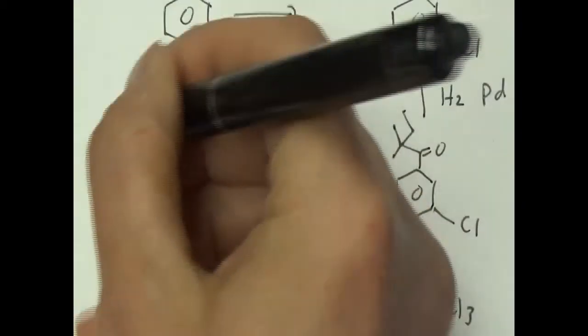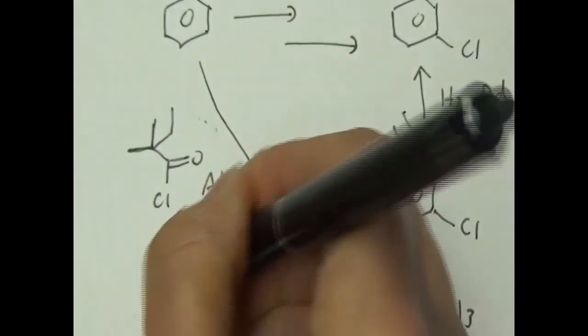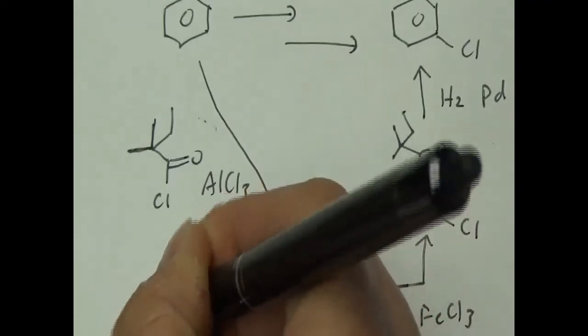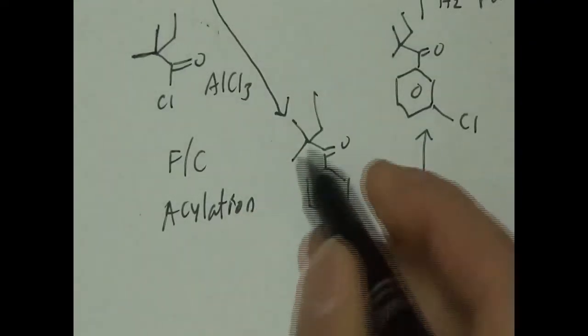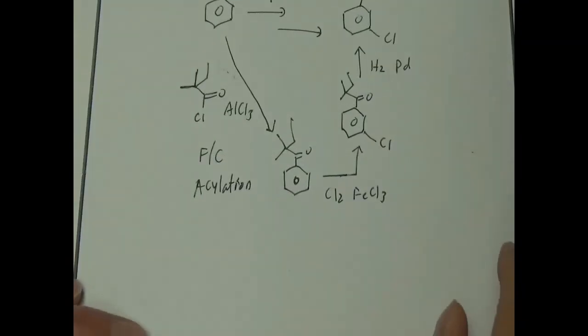Not just that, AlCl3. This is the Friedel-Crafts acylation. Acyl means double bond O. All right, that was fun. Now they get moderately more complicated.